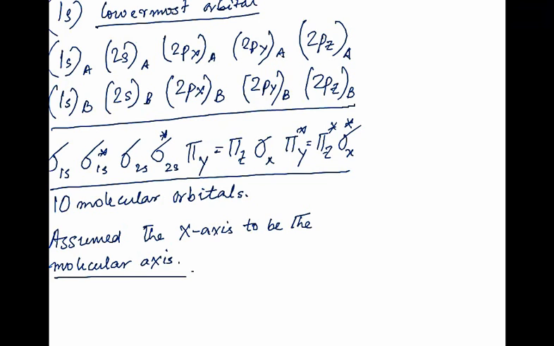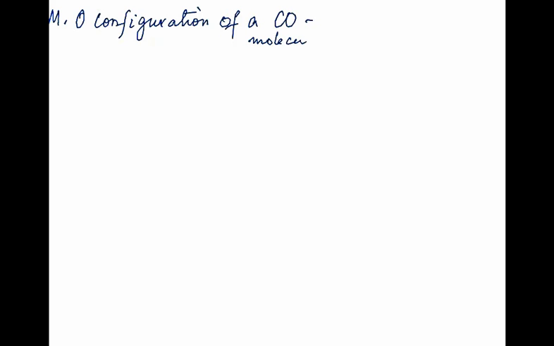Now we first draw the molecular orbital configuration for a CO molecule. So the first topic is the molecular orbital configuration of a CO molecule.